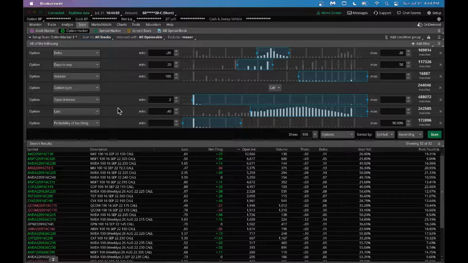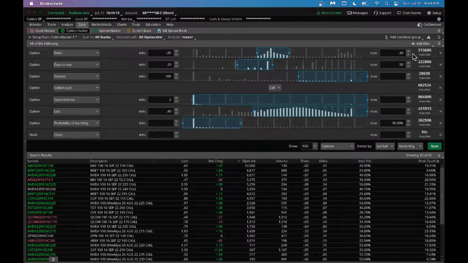What we can also do is add a stock filter here, and let's add one or two things on the stock side and go from there. Look, we got stock here. I want to make sure the stock price is more than $30, so that way I get a little bigger names. When you're selling put options, you want a little bit bigger stocks.